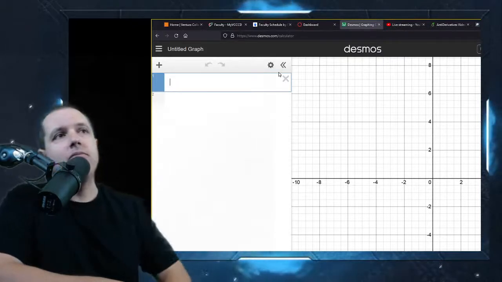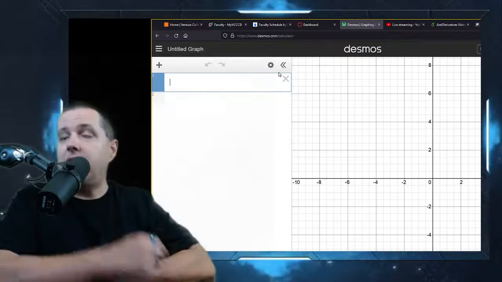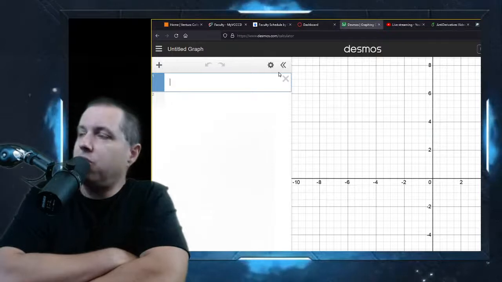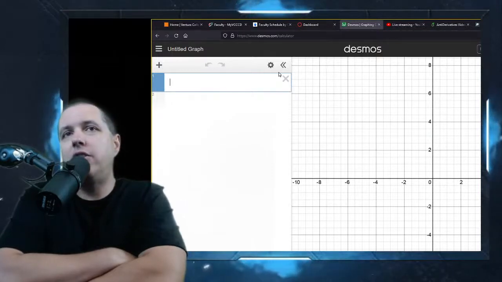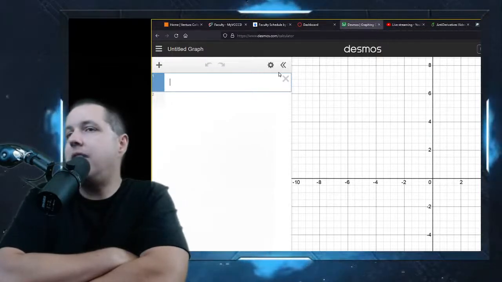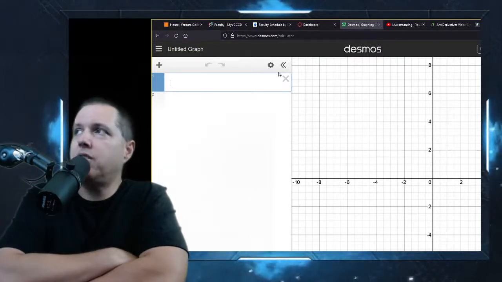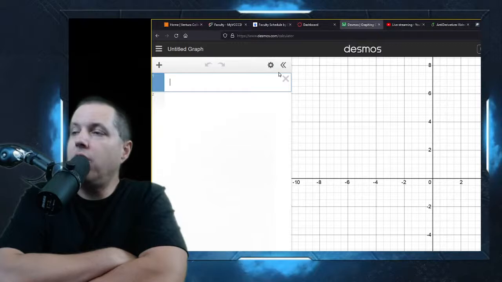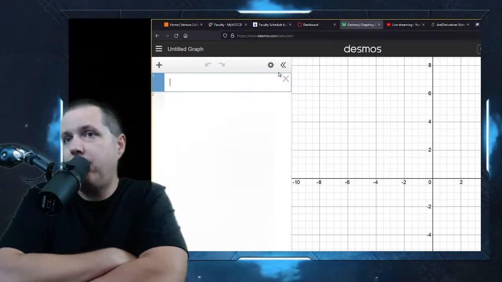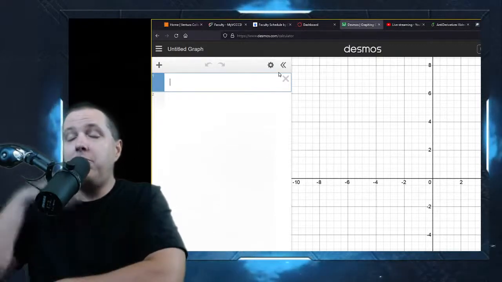Now, that's an example of a relation. That's also an example of a function, but functions are very special relations in that a function has this restriction that if you put something in, only one thing should come out, right? And you can imagine why that would be a problem.